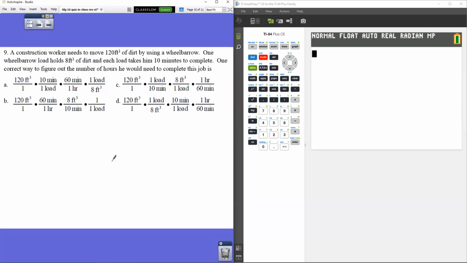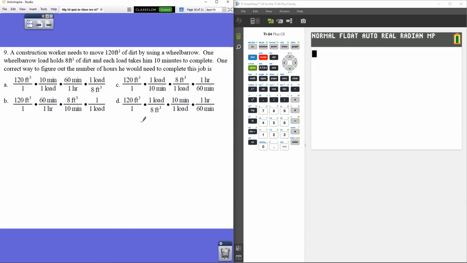In question number 9, a construction worker needs to move 120 cubic feet of dirt by using a wheelbarrow. One wheelbarrow holds 8 cubic feet of dirt, and each load takes him 10 minutes to complete. One correct way to figure out the number of hours he would need to complete this job is... Now, notice that all the numbers are the same, but you have to look at the labels.